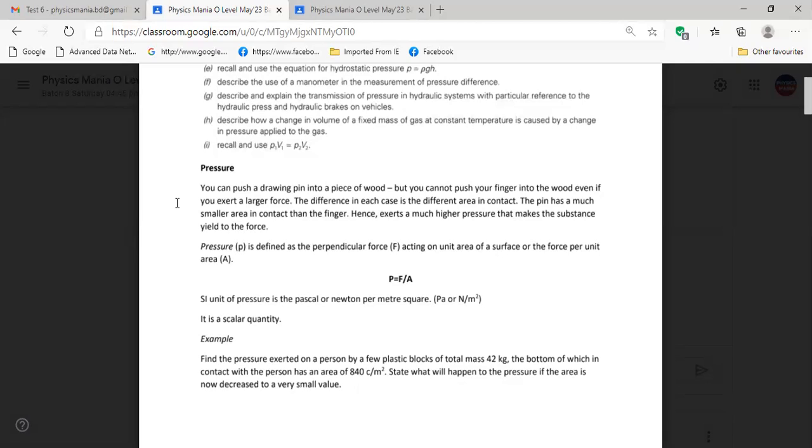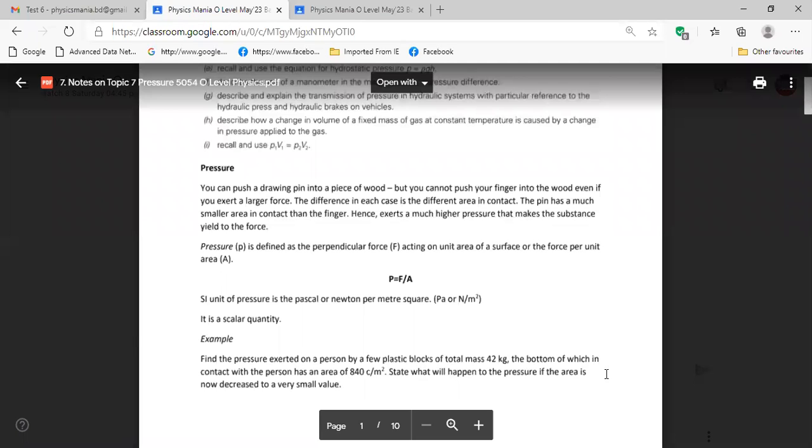So you write this heading pressure, then write this definition, then formula. Okay. SI unit, SI unit of pressure. You write. Then you calculate it. Okay.